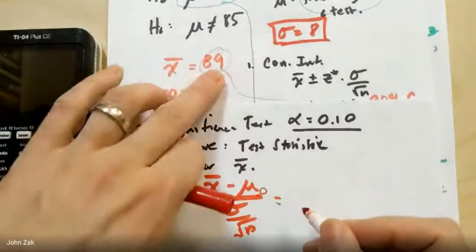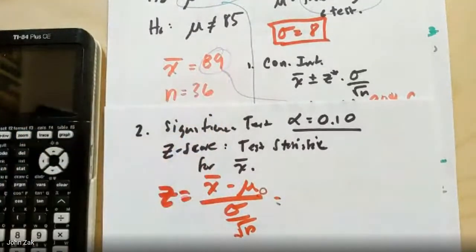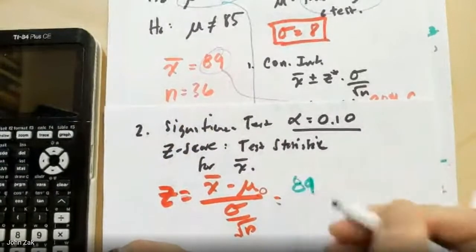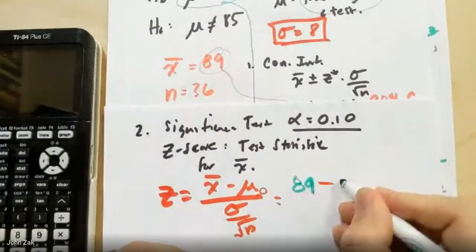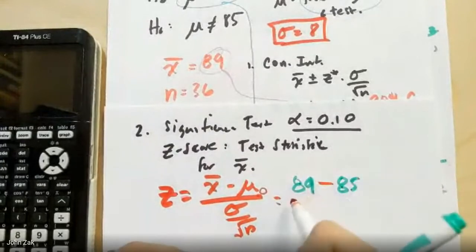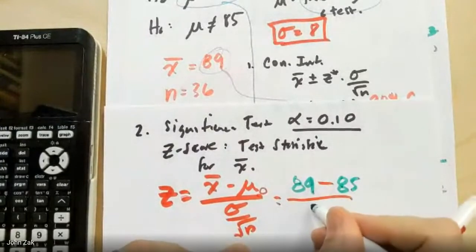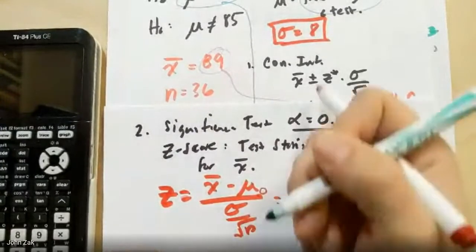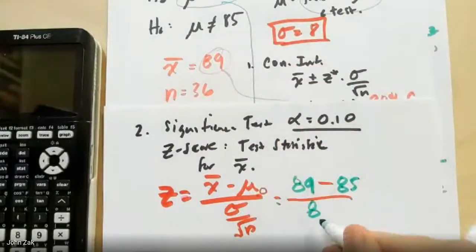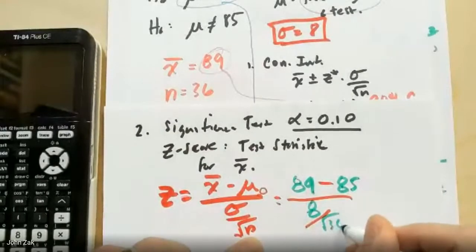So let's calculate this. I've got 89 here, 89 minus 85, divided by 8, which was my population standard deviation, and we'll divide that by the square root of 36.